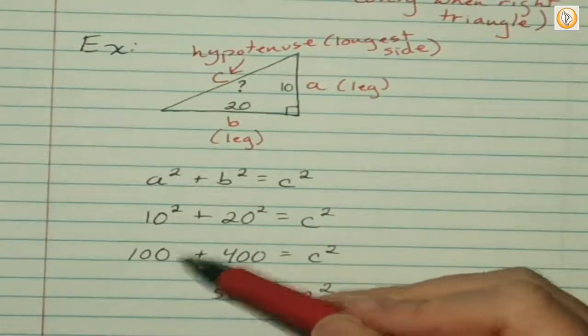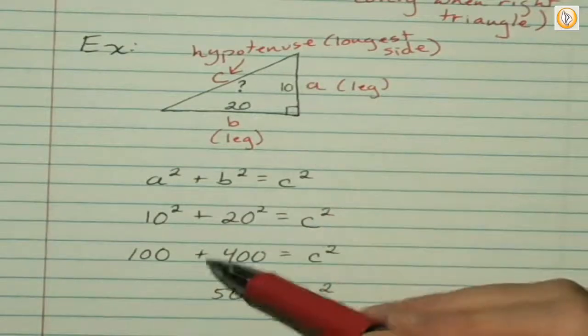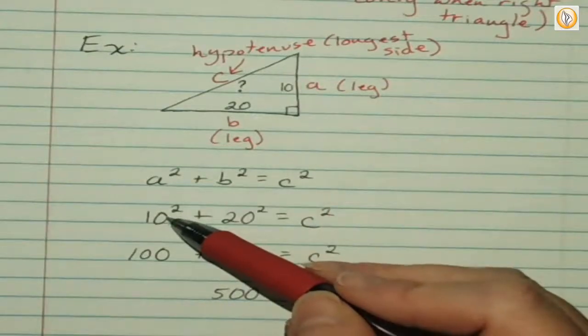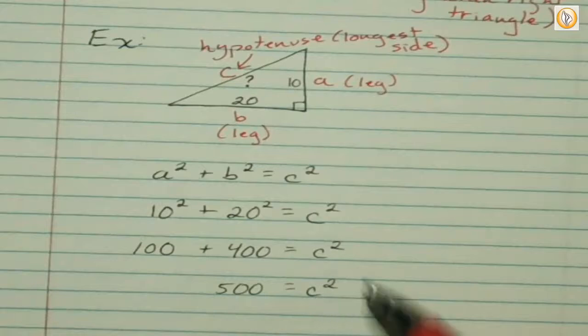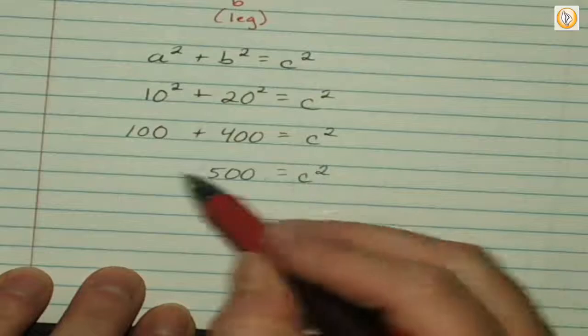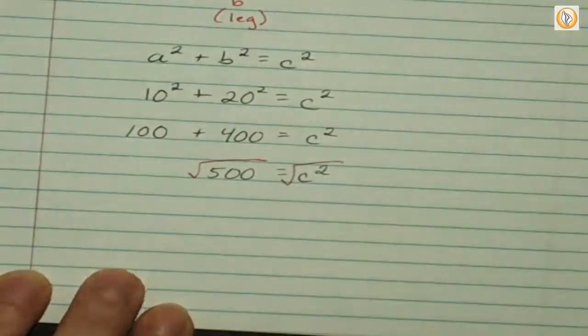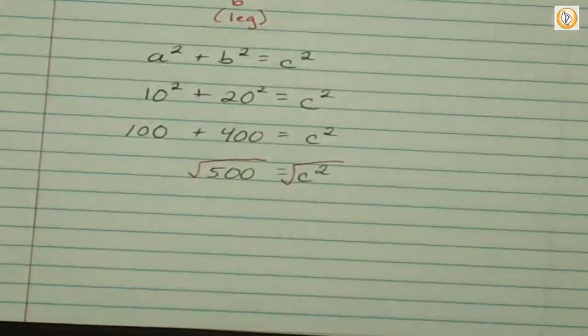So 100 is not the measurement for A because we squared it. 10 is. So we have 500 equals C squared. So we need to take it out of the square. So when you get to this part, you have to square root both sides.